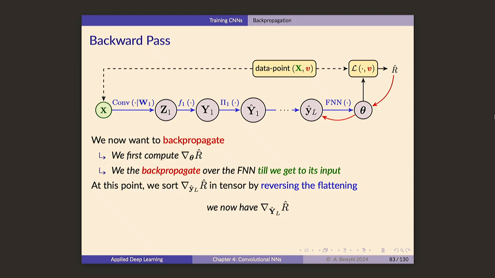So for example, if I have 3 different maps at the very output, like at the last convolutional layer, and each of them is, say, of size 4, then I have 4 numbers in this map, 4 numbers in this map, and 4 numbers in this map, meaning that I have 24 different numbers. And my y hat L is going to be 24 numbers, correct? So it's going to be y1 till y24.